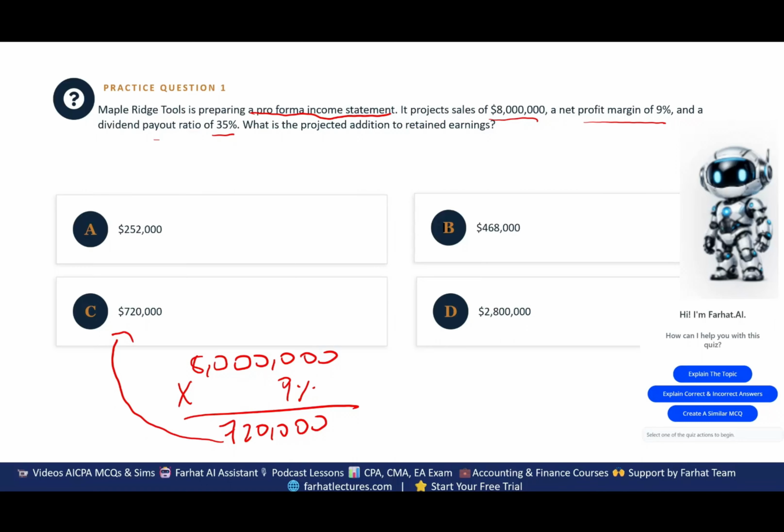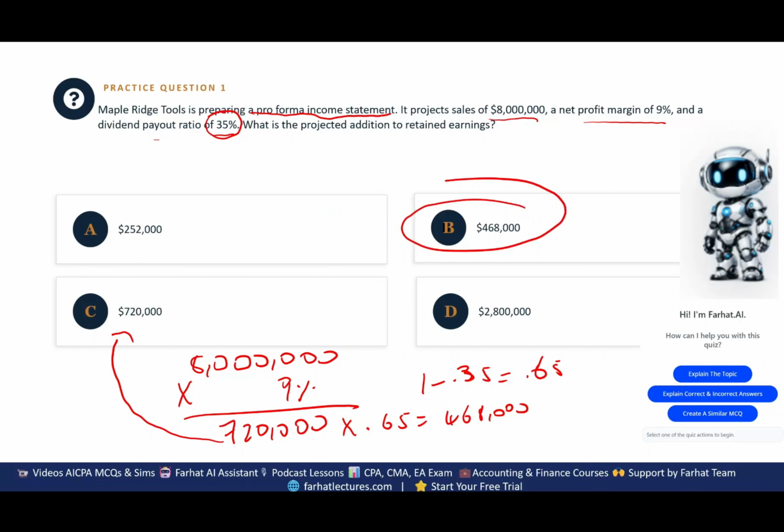The dividend payout ratio is 35%, so the retention is 1 minus 35. If we are paying 35%, what we're keeping is 65%. So if we take 720 times 0.65, that gives us 468,000. Therefore, the amount that's going to be added to retained earnings is 468,000.